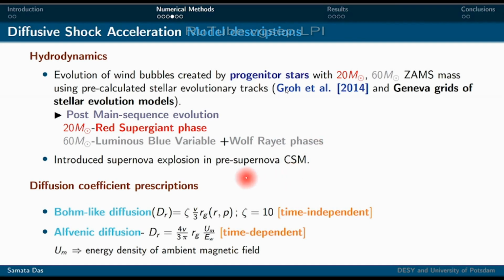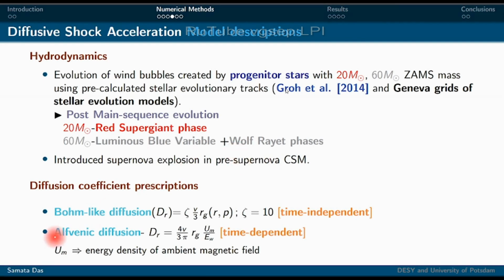The red supergiant wind is very dense, and the luminous blue variable wind is also very dense, and the Wolf-Rayet wind is less dense. So for the 60 solar mass star, you can get the effect from the interaction between the less dense wind and the very dense wind in the wind bubble.